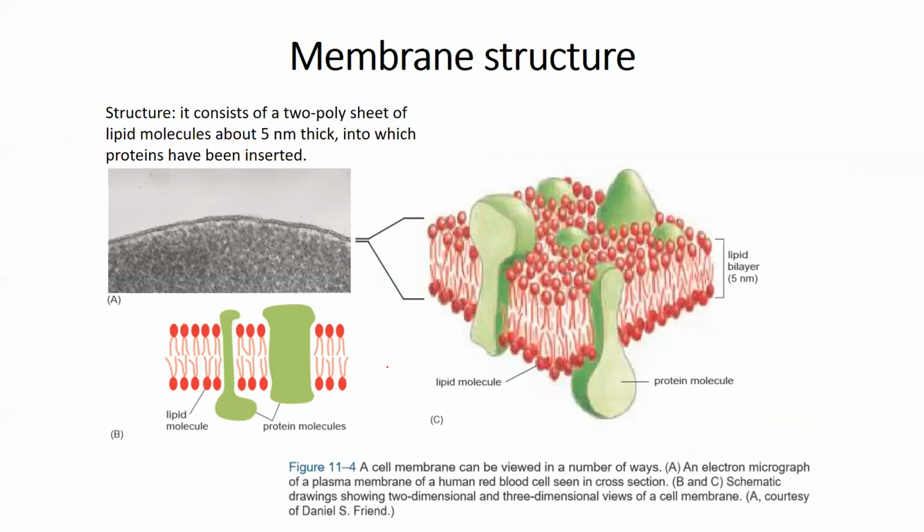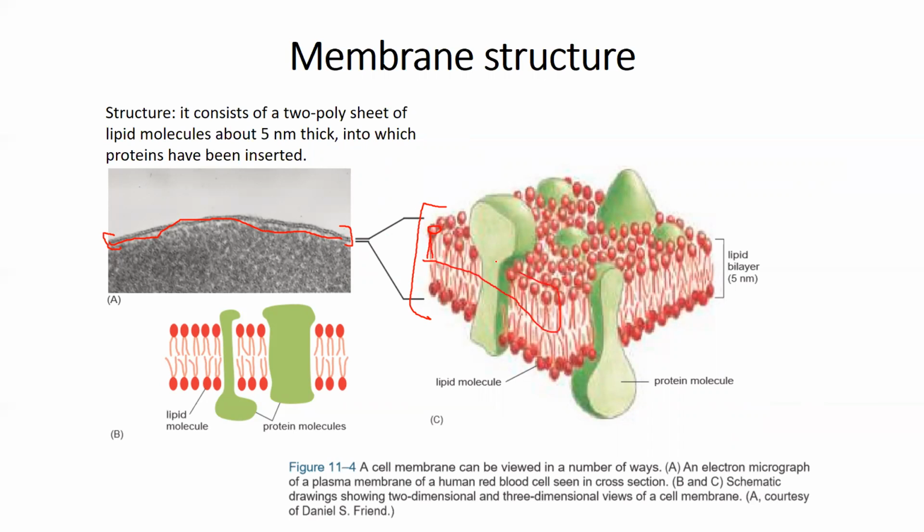If we look at the structure of the membrane, here we have a cell, and this is the plasma membrane. If we zoom into the membrane, what we will see is this. Basically it consists of 2 sheets of lipid molecules, these red molecules that you see here.